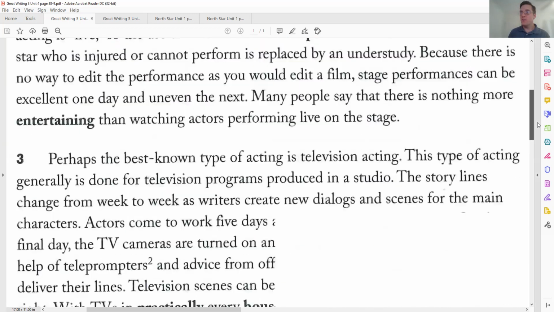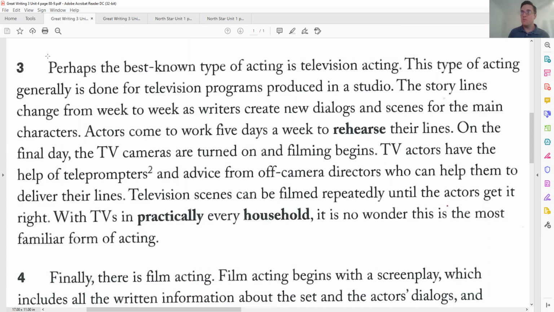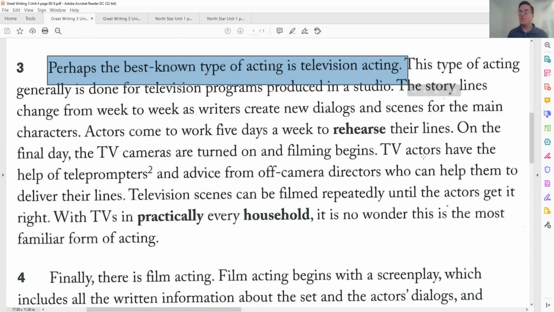When we get to the next body paragraph, we will talk about the next type of acting. Perhaps the best known type of acting is television acting. And then we follow it with lots of supporting details that are describing and explaining the type of acting called television acting, and maybe how television acting is different than stage acting.